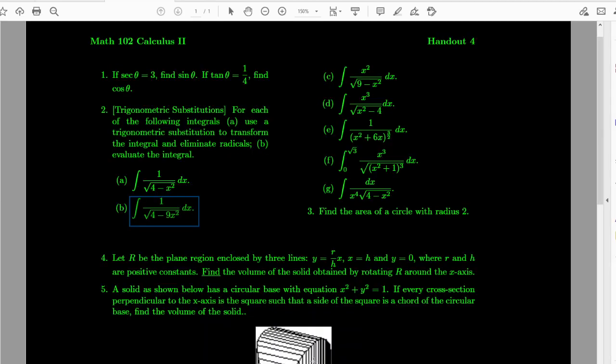Now we'll look at the handout to see the second case. I hope I have a question about the second case. I think question F is a question in the second case.